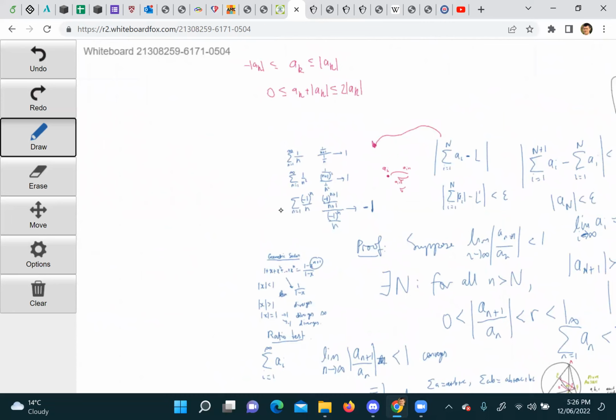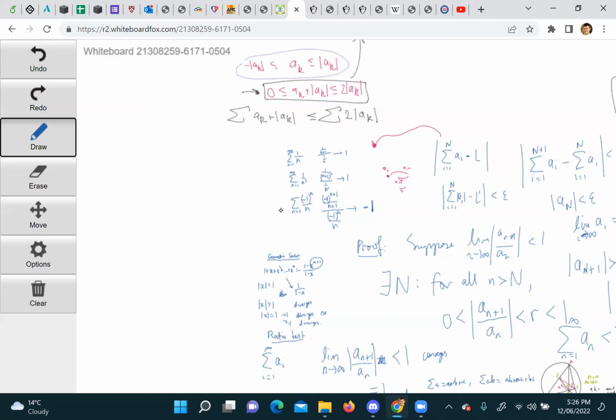Okay, so negative absolute value of a_k is less than or equal to a_k, which is less than or equal to the absolute value of a_k. Now 0 is less than or equal to a_k plus the absolute value of a_k, which is less than or equal to 2 times the absolute value of a_k.